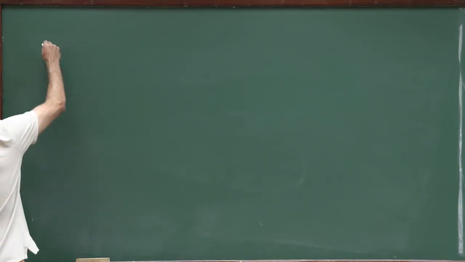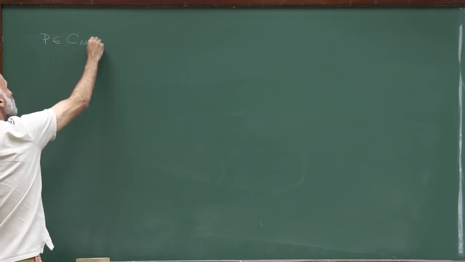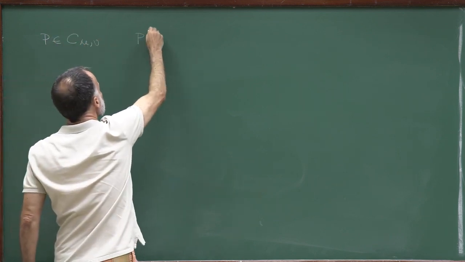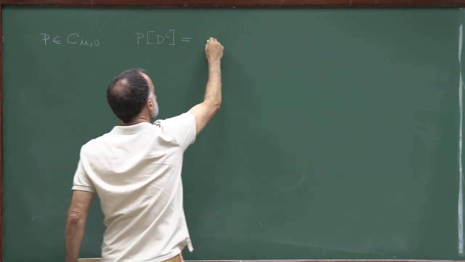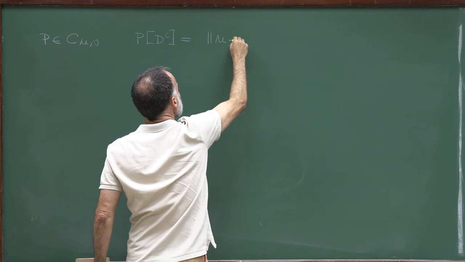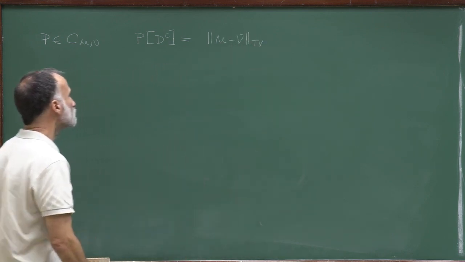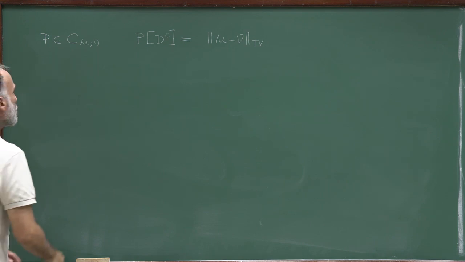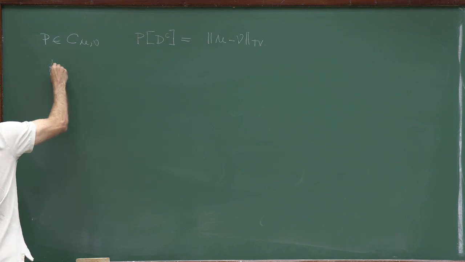So at this point, I want to construct a P, which is a coupling between mu and nu, such that the probability of the complement of the diagonal is equal to the total variation between mu and nu. So I need some notation here in order to construct this.